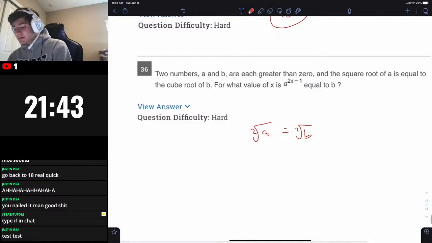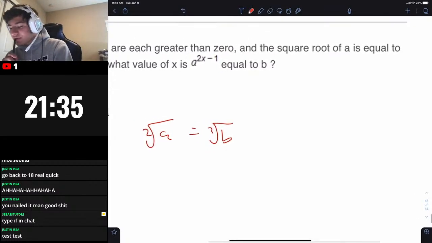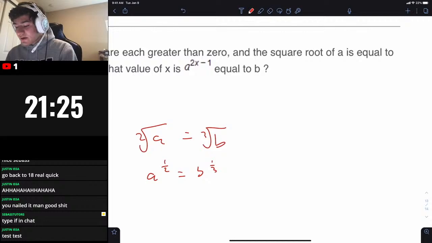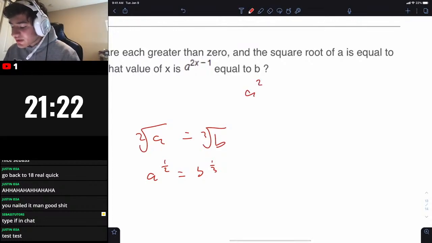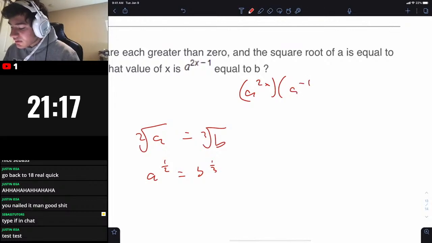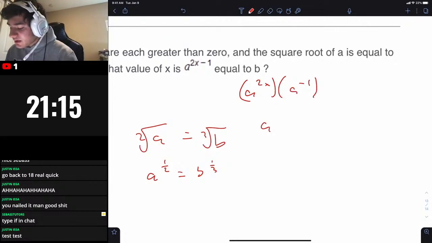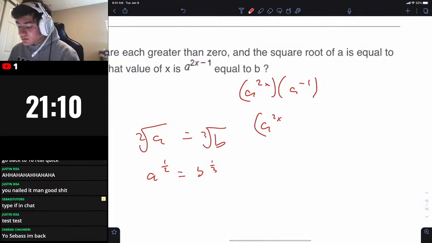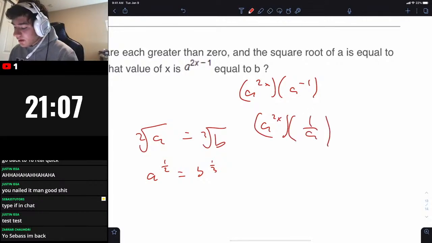Okay, I don't know what's going on here. I'm going to go ahead and try some stuff out. So I'm going to rewrite these as fractions. a to the 1/2 equals b to the 1/3. That's just a fact. And then I'm going to rewrite this using exponent rules. So I get a to the 2x times a to the negative 1, which is the same as a to the 2x times 1 over a.